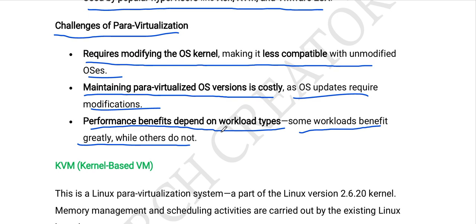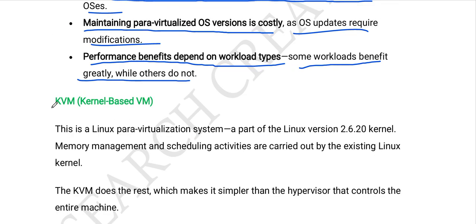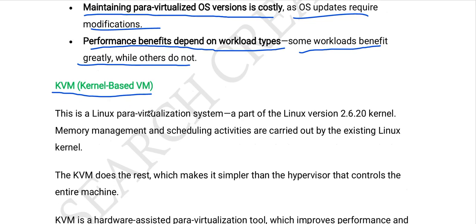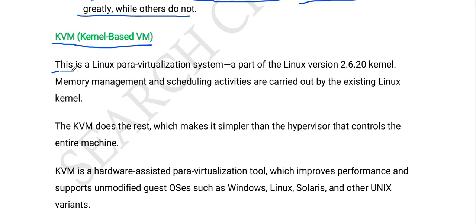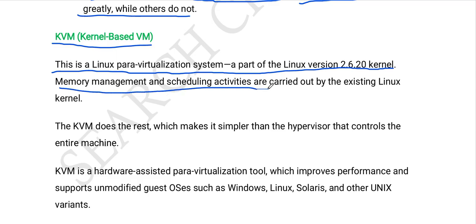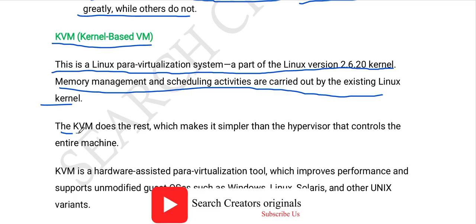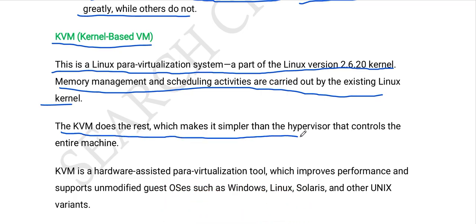Next is KVM, the kernel-based virtual machine. This is a Linux para-virtualization system, a part of the Linux version 2.6.20 kernel. Memory management and scheduling activity are carried out by the existing Linux kernel. KVM does the rest, which makes it simpler than a hypervisor that controls the entire machine.